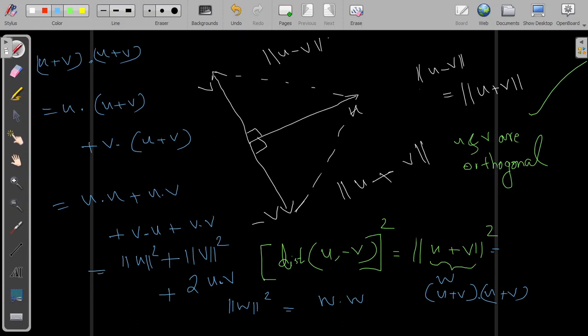So keep that in your mind, and now we are going to find the distance between u and v. If the distance between u and v equals the distance between u and minus v, then u and v are said to be orthogonal as per your figure.